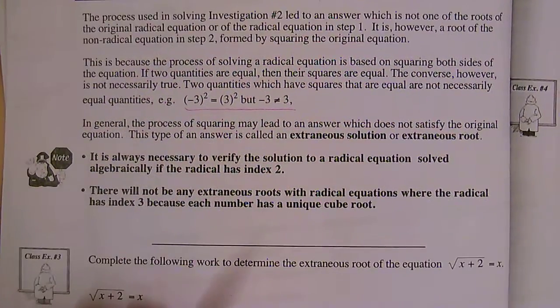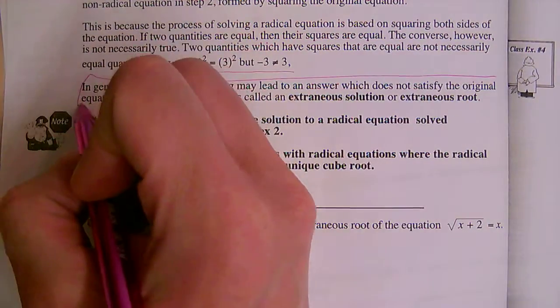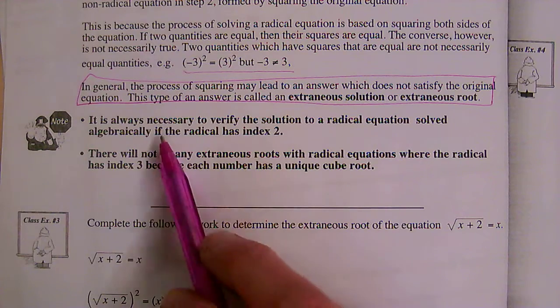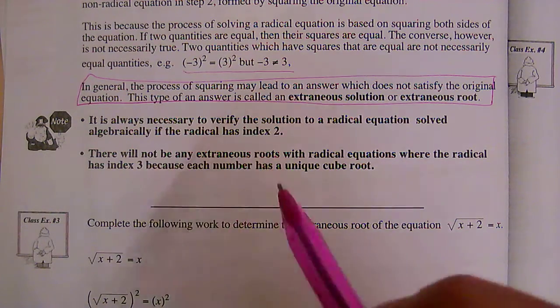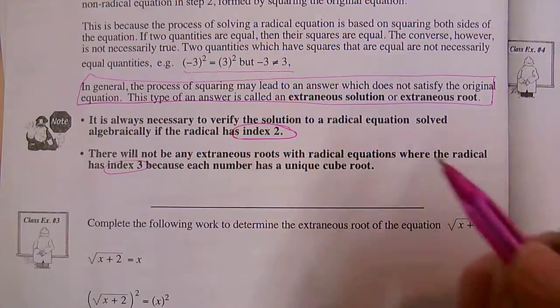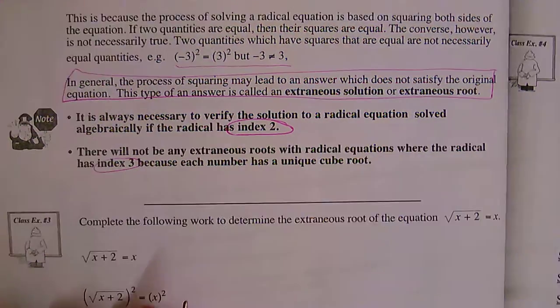In general, the process of squaring may lead to extraneous solutions. So it is always necessary to verify if we've got an index of 2. If we've got an index of 3, we actually don't have to worry about any extraneous roots, but you can go ahead and verify anyway.